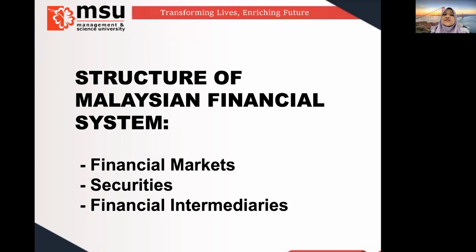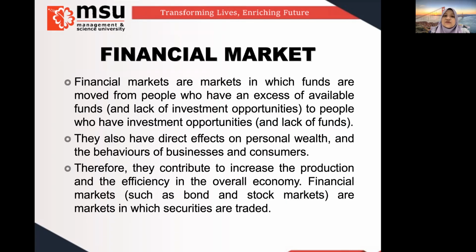All right. So the structure of the Malaysian financial system consists of these three things: in the financial markets, what are the securities that have been traded, and what are the financial intermediaries that are available in the Malaysian financial system.